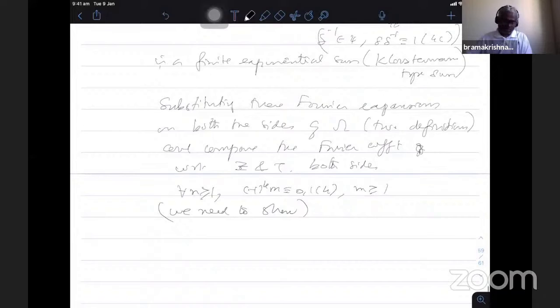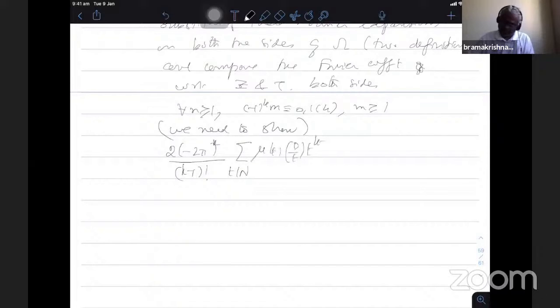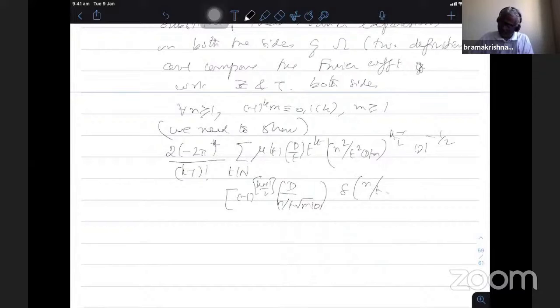So if I write, it is again a long expression, 2 into minus 2 pi power k by factorial k minus 1, summation t dividing n, this I am using the f function, mu of t, d by t power k minus 1, n square by t square mod dm whole power k minus 1 by 2, mod d power minus half, into the Fourier expansion is minus 1 power k plus 1 by 2, d by n by t, into square root of m mod d, delta n by t square root of m by mod d.